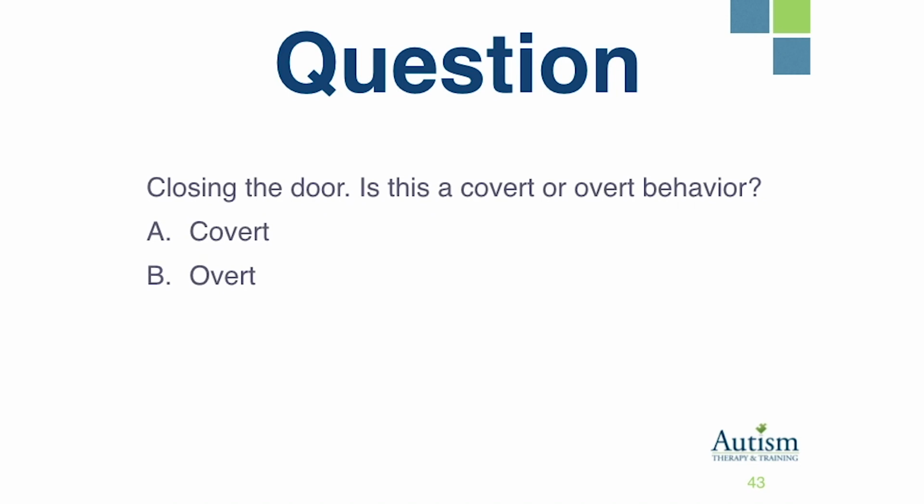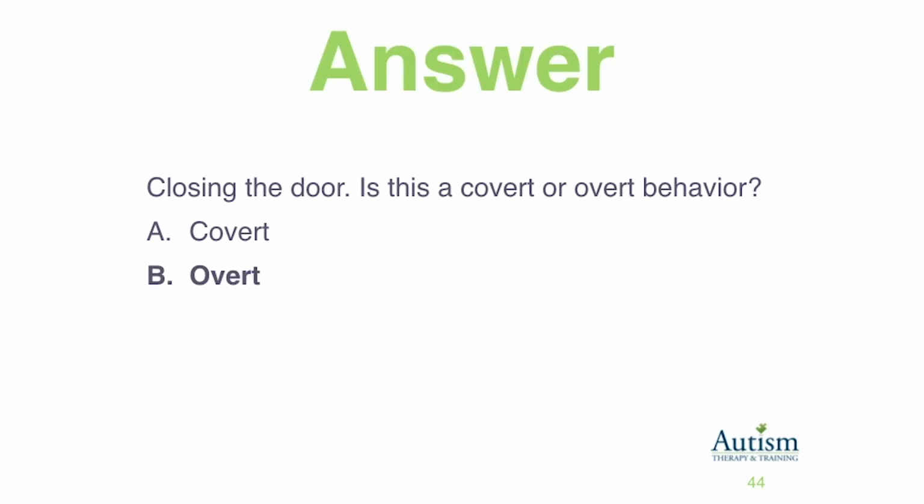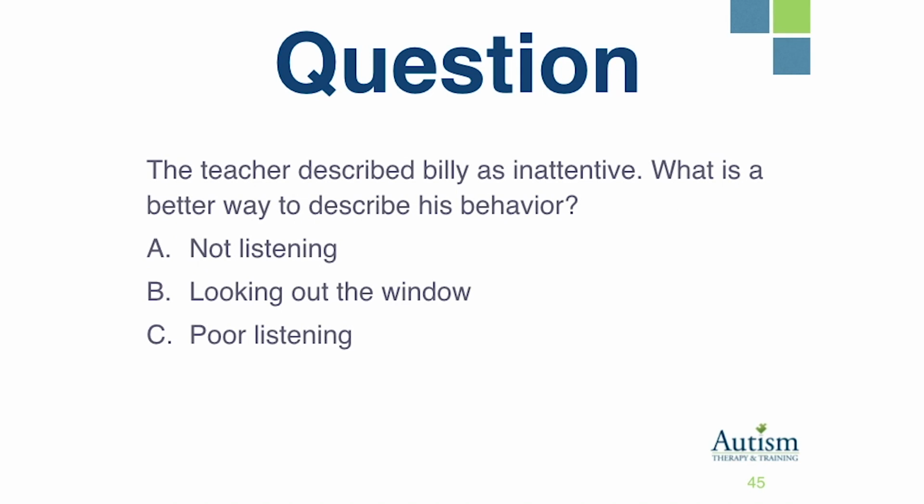Closing the door. Is this a covert or overt behavior? A, covert. B, overt. And the correct response is B, overt. Way to go. The teacher described Billy as inattentive.